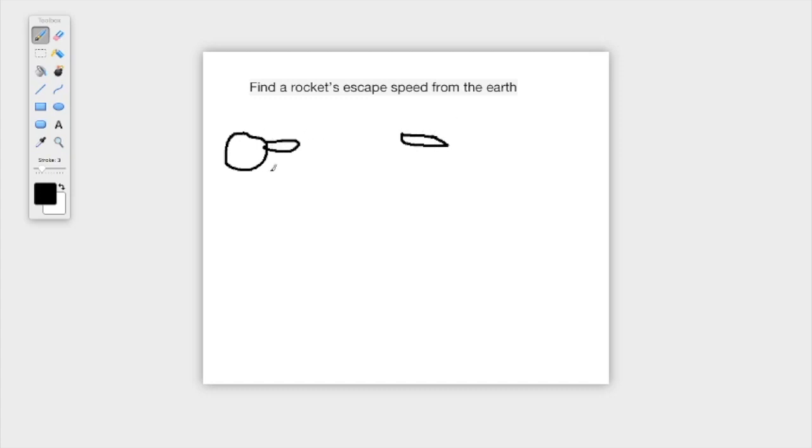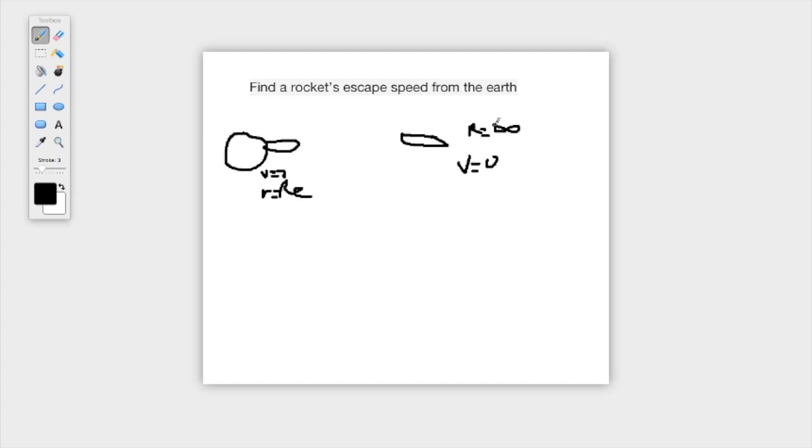Initially it's at some v, that's what we're trying to solve to be able to escape, and r is just the radius of the Earth. The final velocity is 0, but the distance from Earth is going to infinity, because once you break the Earth's atmosphere, there's nothing stopping you from going forever.